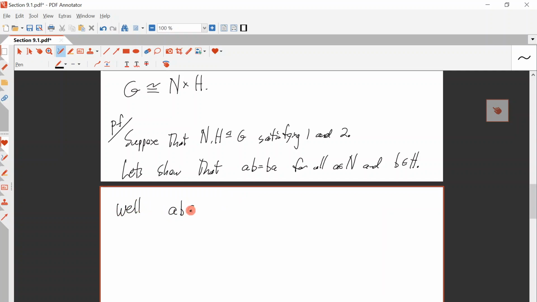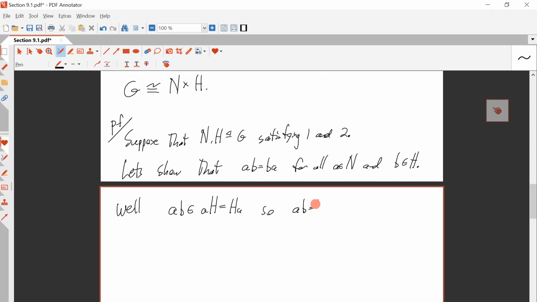A times B is an element of the left coset AH. Right? Because B is in H, AB is an element of the left coset AH. Right? So AB is equal to B0A for some B0, and well, this is because H is normal. Because H is normal, AH is equal to HA.